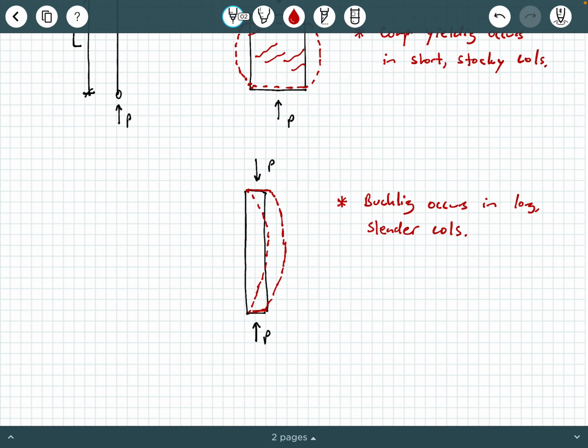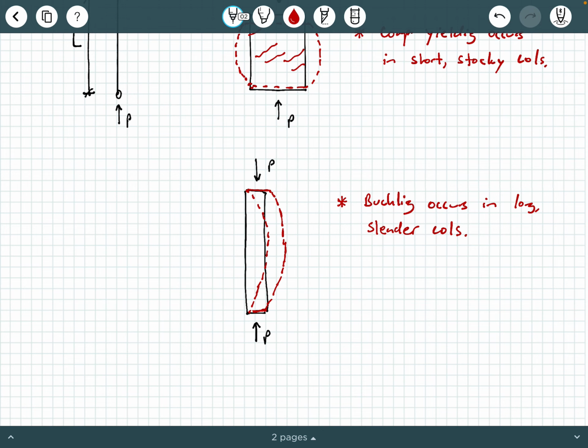Now, moving forward through this video, I'm going to exclusively talk about buckling, okay? So for the purposes of this video, we're going to assume that all the columns we're talking about are long, slender columns, okay? Now, in a later video or in other courses, maybe a structural analysis course or a steel design course or a machine design course that mechanical engineers may take, you might go into what is the separation between a short column and a slender column, okay?